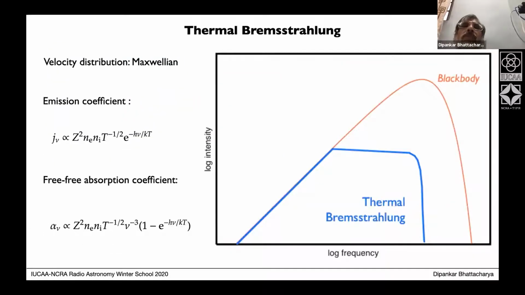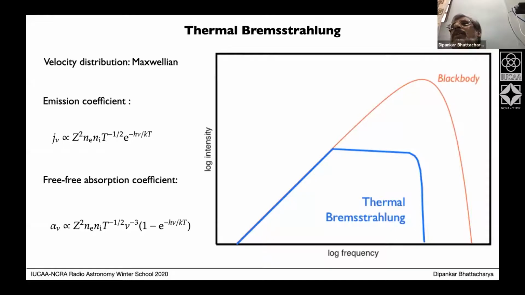Most common sources from which we do see this Bremsstrahlung emission in astrophysical situations are thermal sources, which means the velocity distribution of electrons is given by a Maxwellian of a given temperature. So if we take the spectrum as I described in the previous slide and use the Maxwellian velocity distribution of the electrons to sum it, then we can get the total spectrum that the source produces.